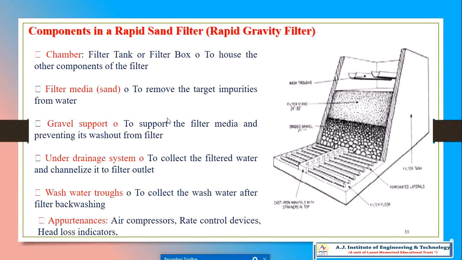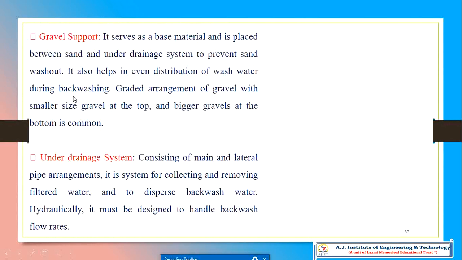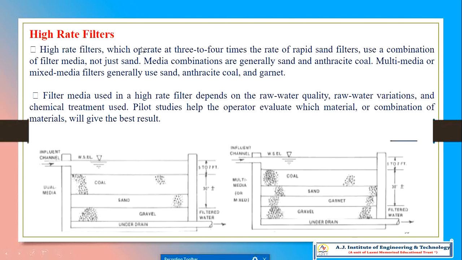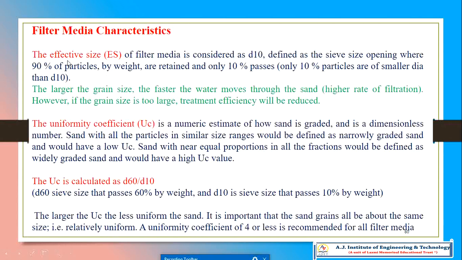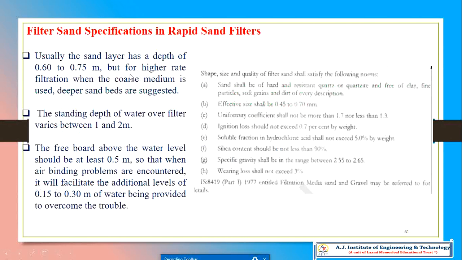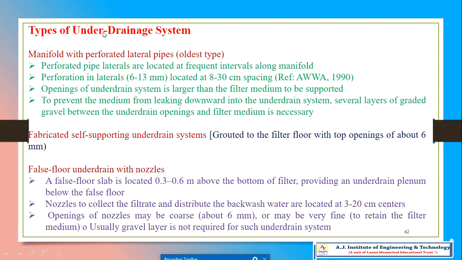And the components of the rapid sand filter, that is the chamber, filter media, gravel, under drainage system, water supply, water troughs and appurtenances, gravel support, under drainage system, high rate filters, and filter media materials, that is the characteristics of the filter media, uniformity coefficient, and filter sand specification, that is, what are the specifications for the rapid sand filter, and the types of under drainage system.